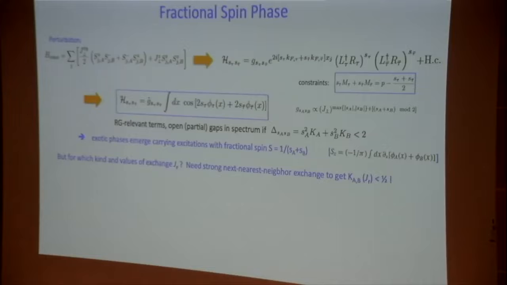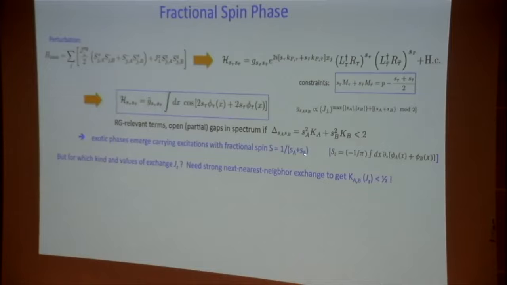It will not open a full gap in general because not all fields are involved. One can also tune the system, but that will be fine tuning. In general, it will open a fractional, a partial gap. And the statement now is that in this new phase, we can calculate the spin excitation and find that the spin excitation can be expressed in terms of these powers here, A and B, namely as this fraction here.